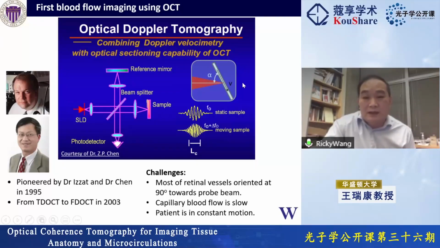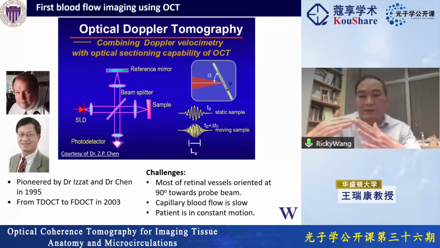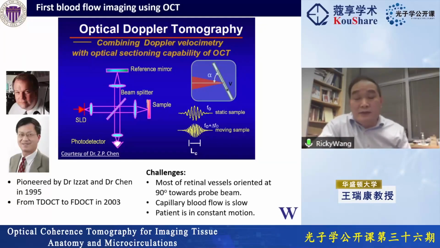The OCT beam comes down to the tissue, and most of the blood vessels are oriented about parallel to the surface, which means that this Doppler angle is about 90 degrees. Okay, and that makes it very difficult for OCT to measure the blood flow.